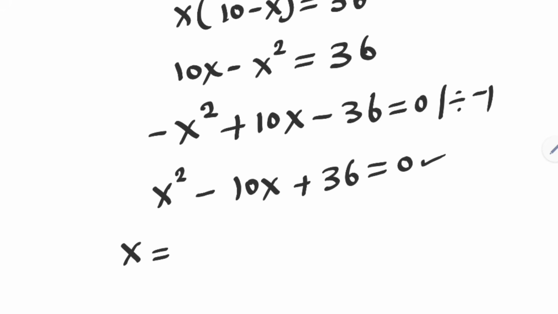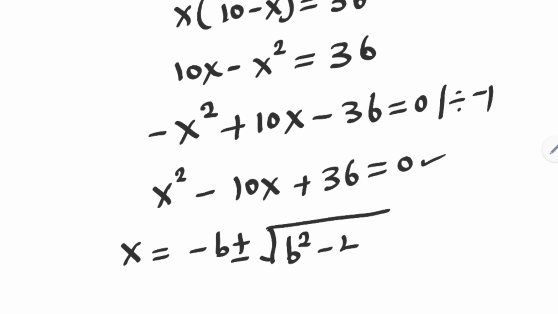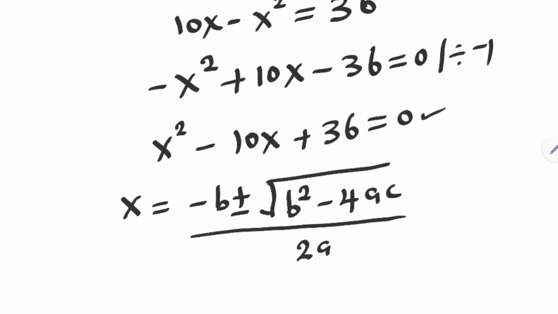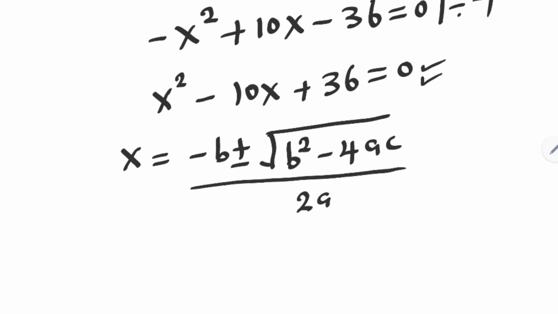x is equal to minus b plus or minus square root of b squared minus 4ac, divided by 2a. And from this equation, a is equal to the coefficient of x squared here, which is 1. b is equal to the coefficient of x here, which is minus 10.